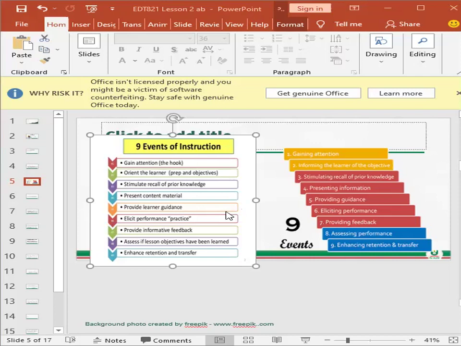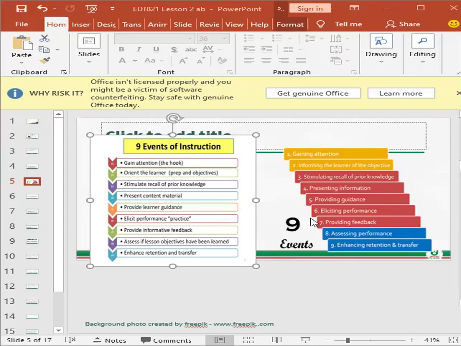And also, we have provide informative feedback. This one is providing feedback. The teacher gives informative feedback on the learner's performance, shows correctness of the learner's response, analyzes learner's behavior. This can be a text, can be in the form of a quiz or verbal comments.